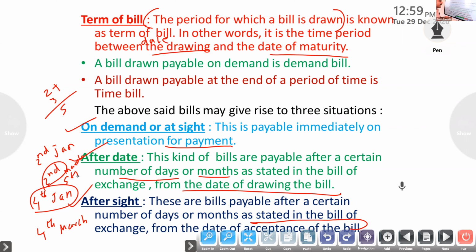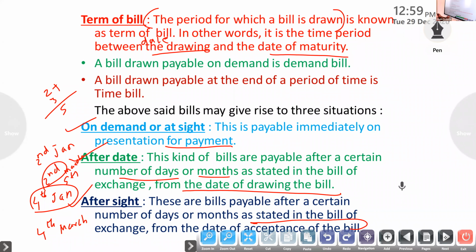Whenever we write the maturity date, that plus 3 is the days of grace. Legally it is given to the acceptor for making the payment of the bill. Okay, that is very important, and you can expect one more question. Three extra days over the nominal due date, legally given to the acceptor for making the payment of the bill, are called days of grace.